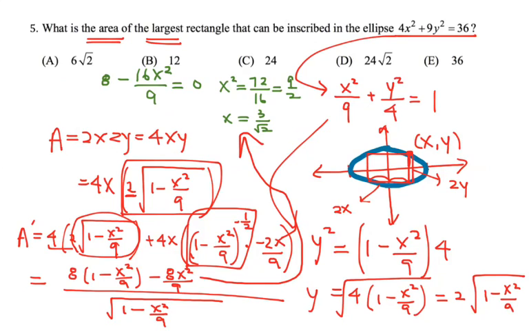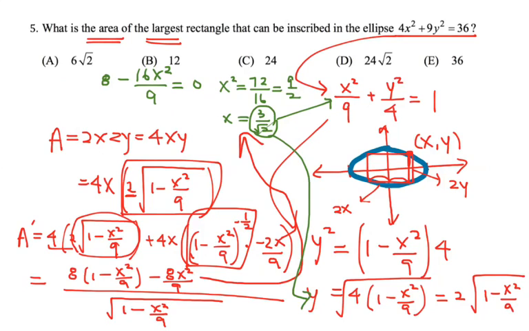Now, since x equals that, we should be able to figure out the y value. To find the y value, you can put this x value back into this equation, or what we already found on the bottom.